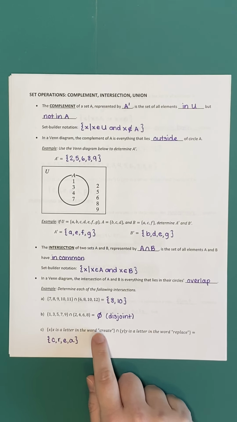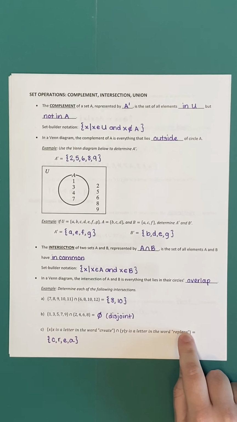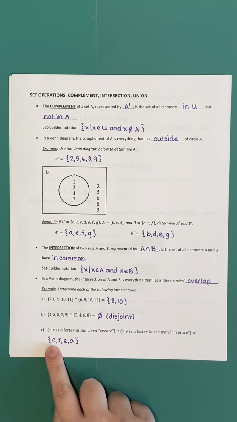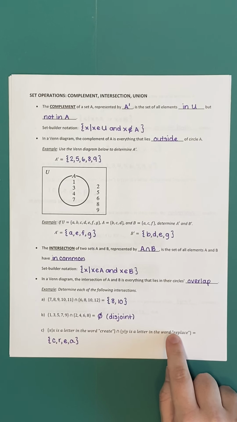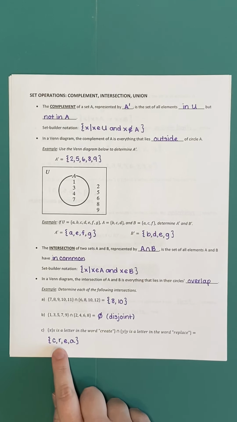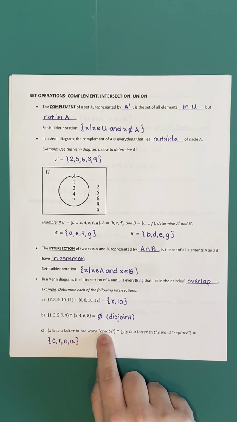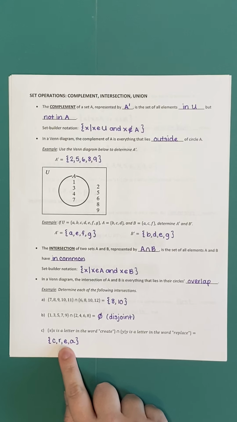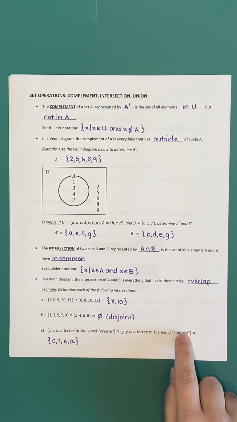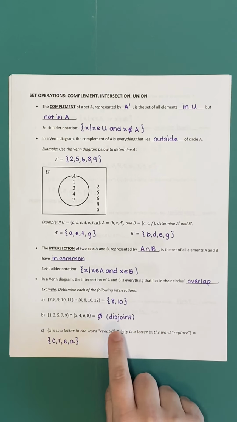So let's start with the first step. We have a C. Can we match the C? Well, C matches, so that's going to be part of the intersection. Next we go to the R. R matches up to something, so that's going to be in the intersection. We have an E. E matches up, so that's in the intersection. A also matches up.